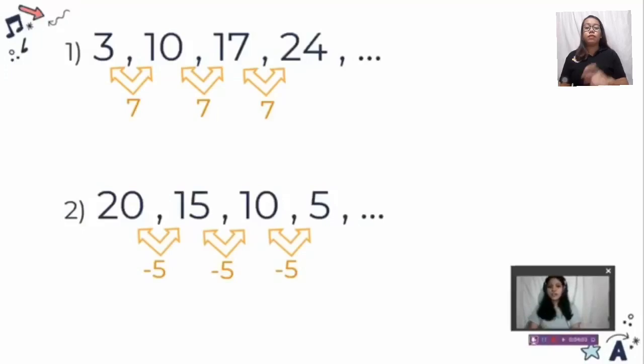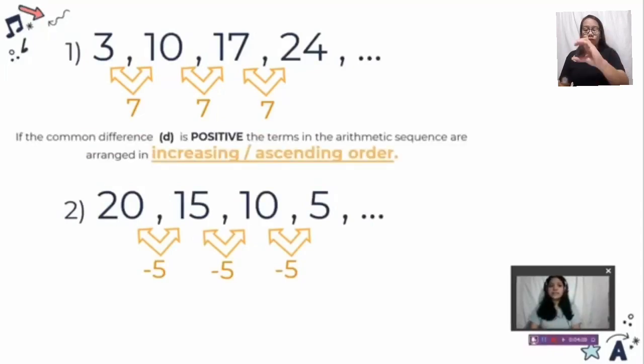From this also, we can conclude something. If the common difference d is positive, the terms in the arithmetic sequence are arranged in increasing or ascending order. Ibig sabihin, kapag positive ang ating common difference, ang terms natin ay increasing or pataas.